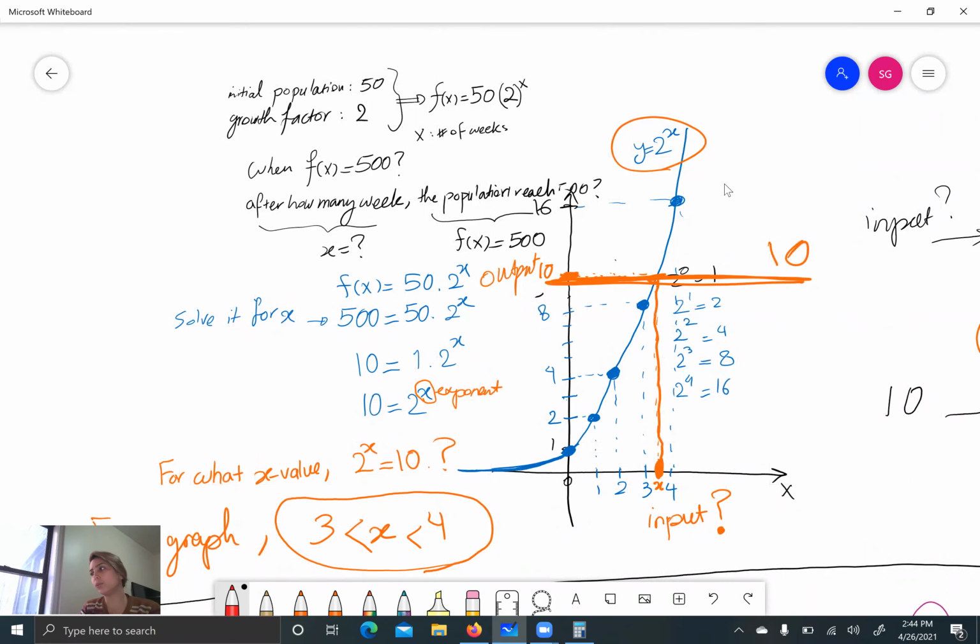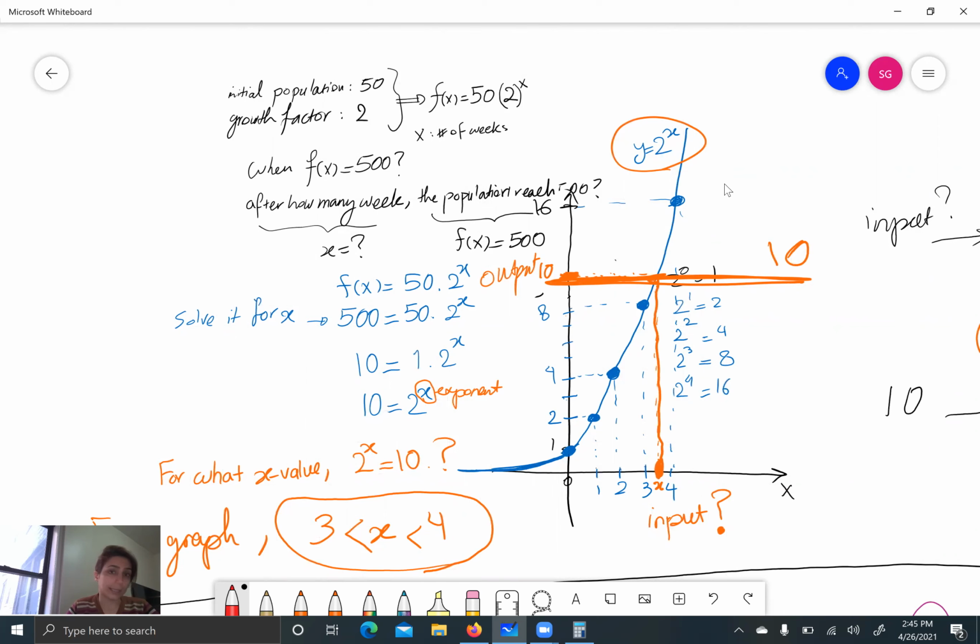And we want to predict after how many weeks, or how much time, we reach a certain number in our population.